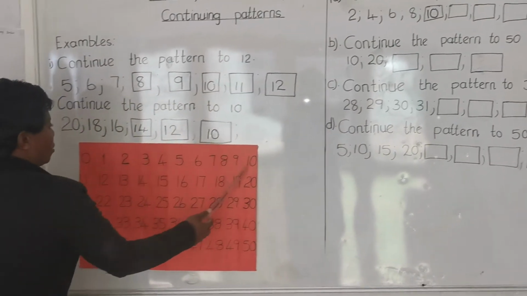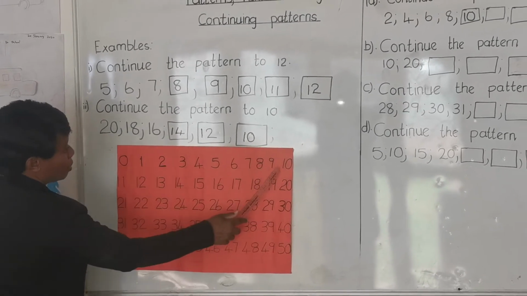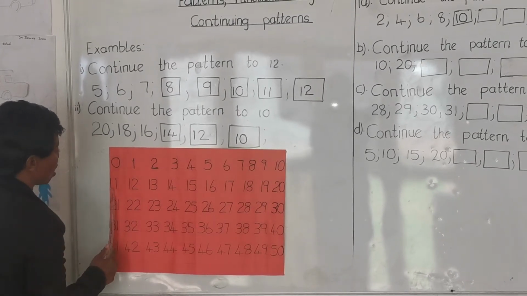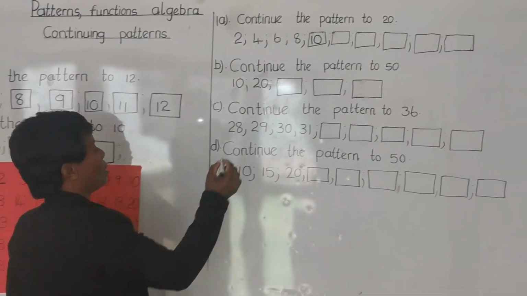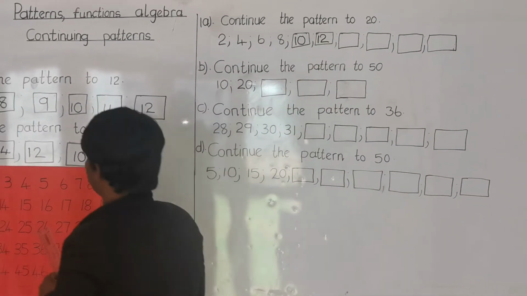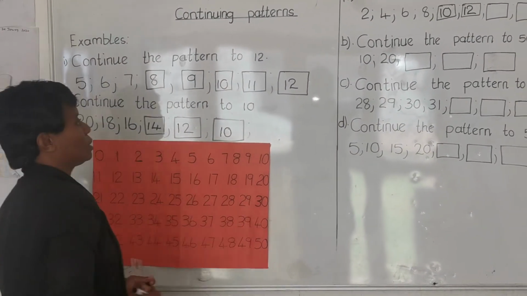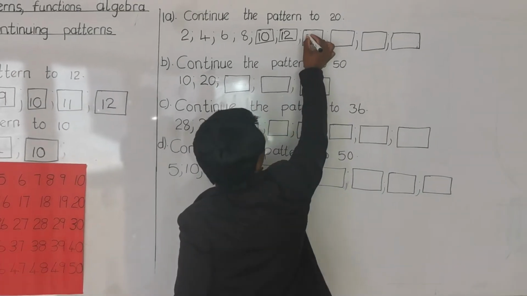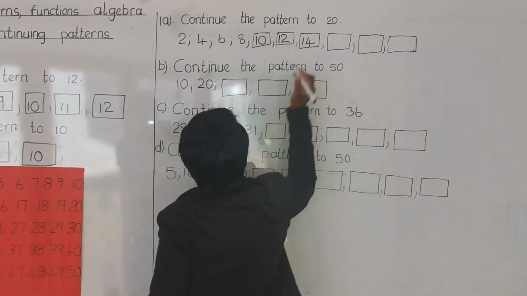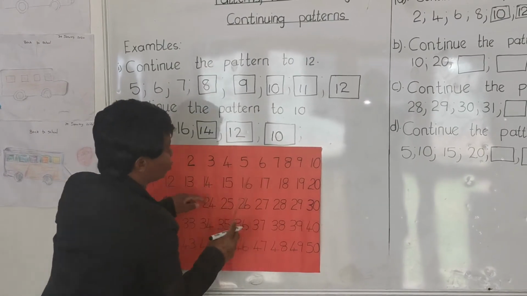Then from 10 we are going to add 2. 1, 2. Our next number is 12. Then from 12, 1, 2. The next number is 14. From 14, 1, 2.